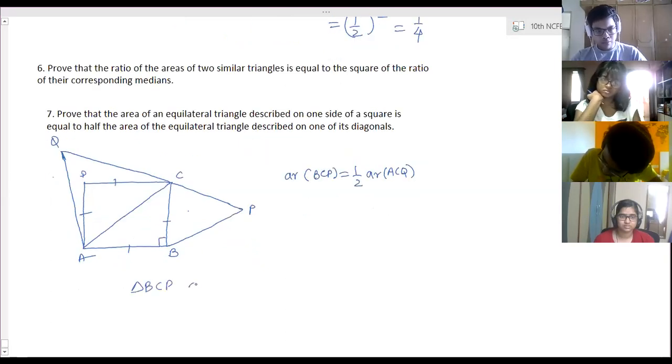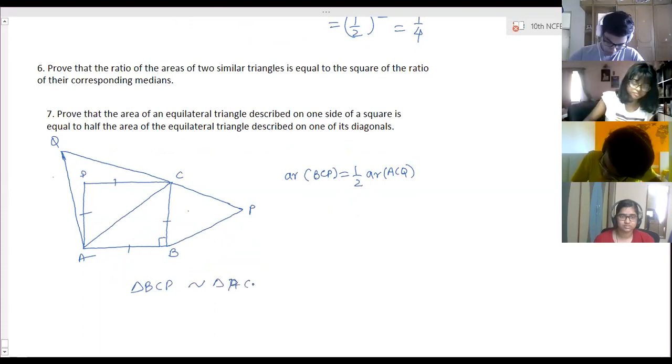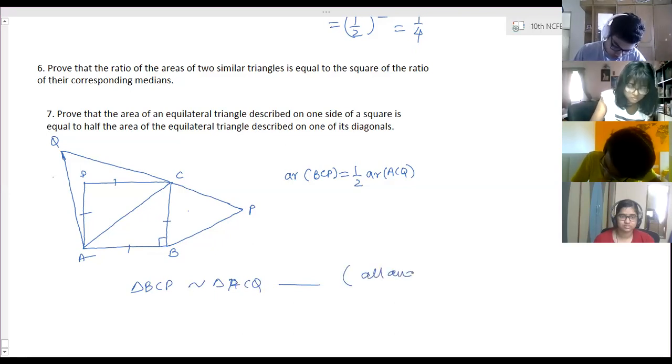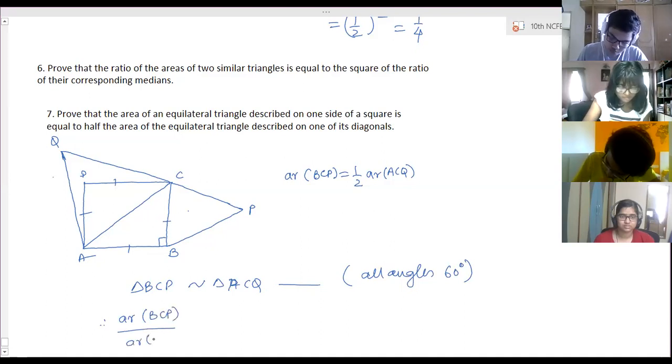Triangle BCP is similar to triangle ACQ. All angles 60 degrees. Therefore, area BCP by area ACQ is equal to BC by AC whole square.